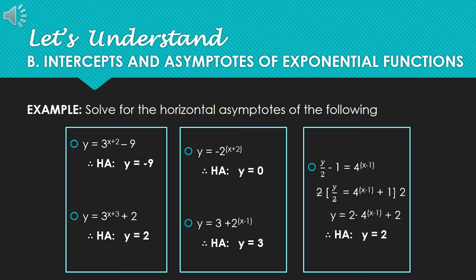So first, we have to make y the independent variable without any constant in it. So we just have to multiply by 2 to cancel out the value. So after that, we now have y equals 2 times 4 raised to x minus 1 plus 2. So our horizontal asymptote is equal to 2.